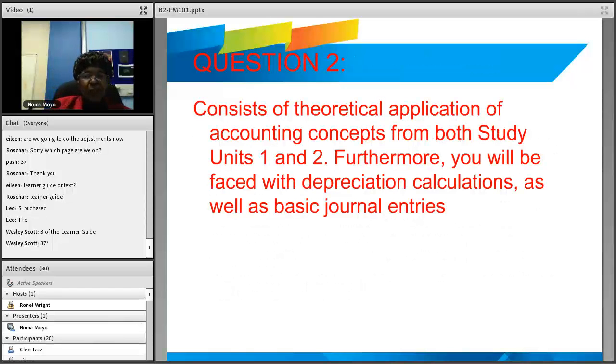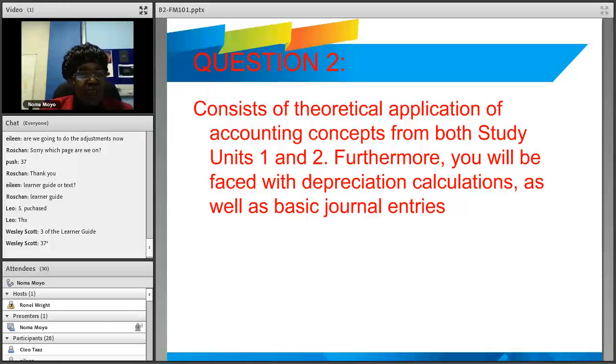Let's look at question 2. It consists of theoretical implications of accounting concepts from both study 1, unit 1 and 2. Furthermore, you'll be faced with depreciation calculations as well as basic journal entries. Depreciation is also part of adjustments.